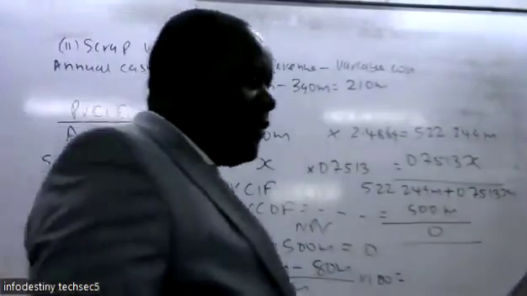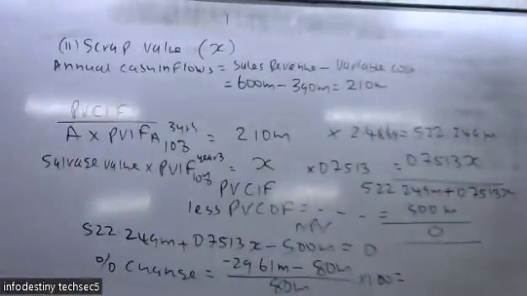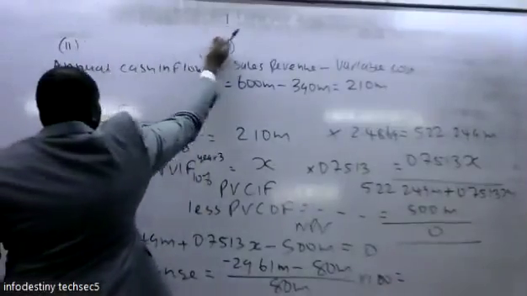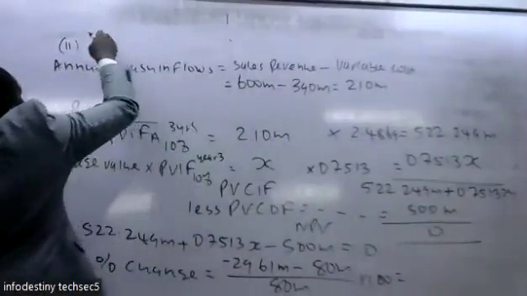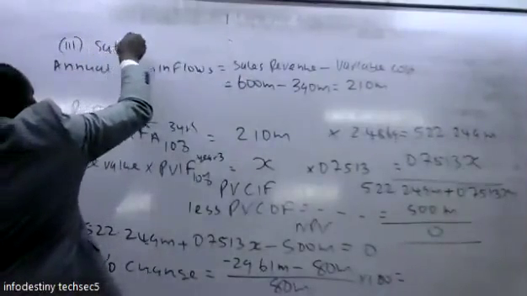We go to Roman letter 3. Roman letter 3 is what? Sales revenue. We now go to Roman letter 3 as the sales revenue. So we make sales revenue to be the subject.